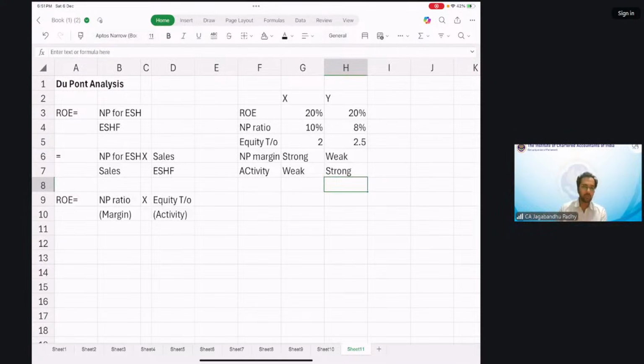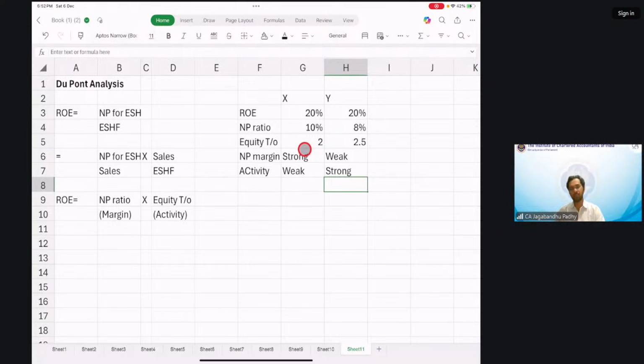Of course, if company Y is able to attain a higher profit margin, can I say it will be able to generate a higher return on equity? If you would like to advise companies X and Y, I would say that company X should work on selling more. They should put more money on advertisement or promotional activities, which will enable their sales to rise at a faster pace.